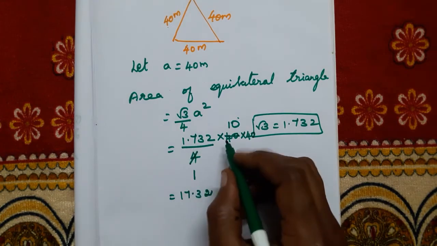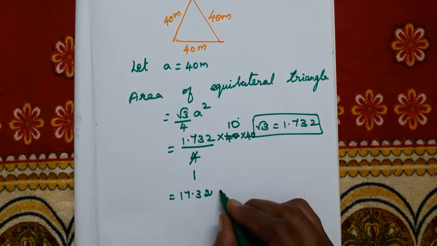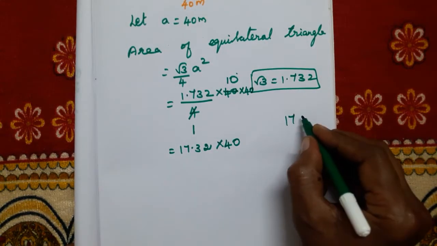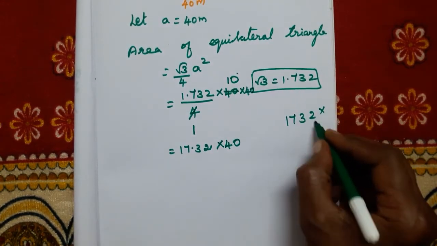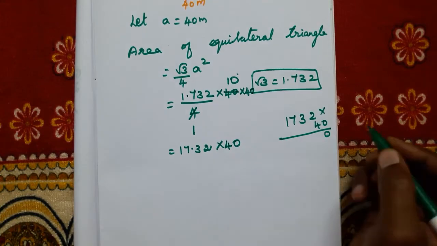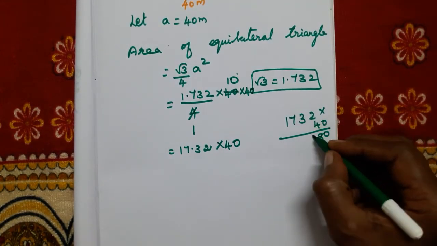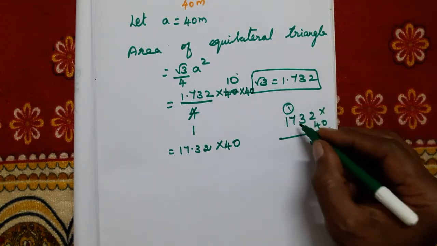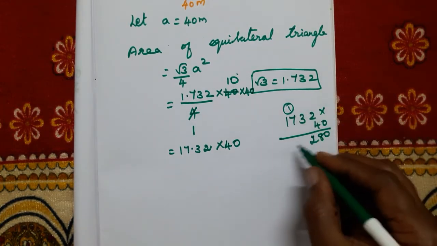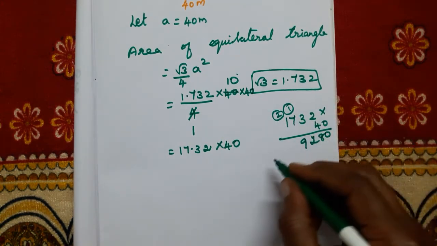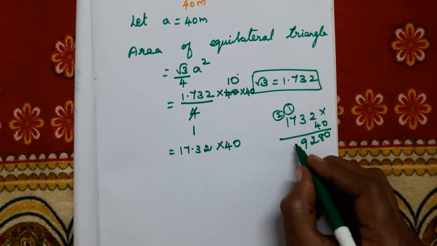So multiplying with 10 means 17.32 into 40. 0, 4 2s are 8, 4 3s are 12, 1 balance, 7 4s are 28 plus 1, 29, 2 balance, 1 4 is 4, 4 plus 2, 6.